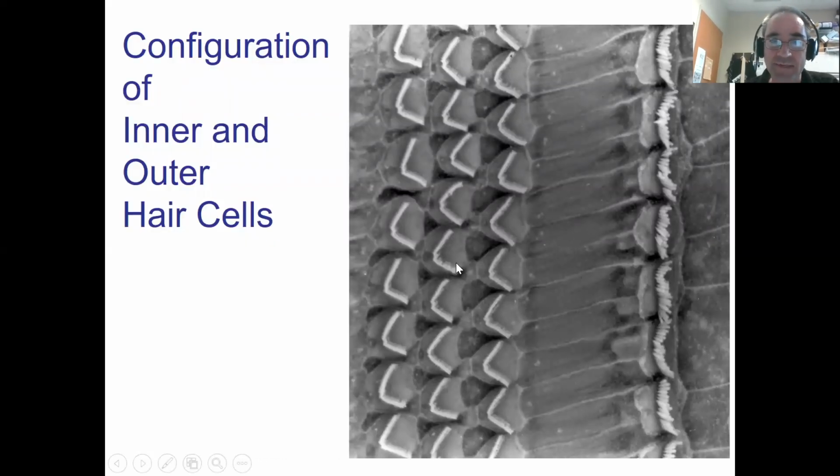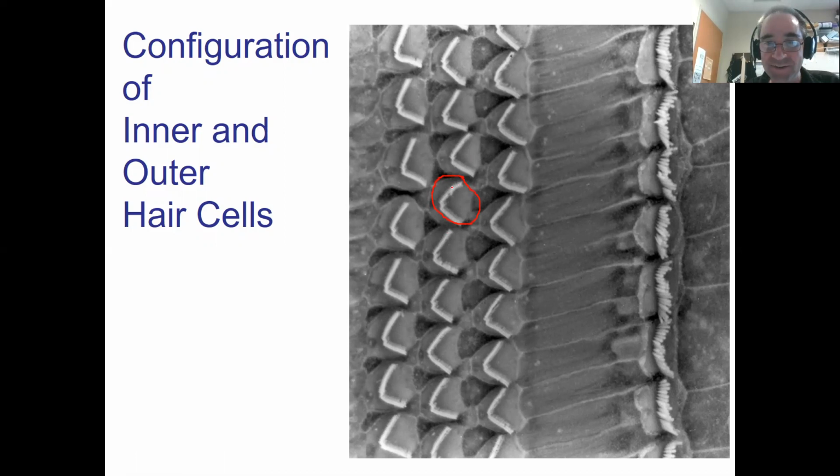All right, if we just look closely again, we can see the 3 rows. Now we're looking straight down on top of the organ of Corti without the tectorial membrane. And we can see these 3 rows of outer hair cells. We can see the whole top of the outer hair cell here. So I'll just outline one of these guys. That was terrible, but you get the idea.